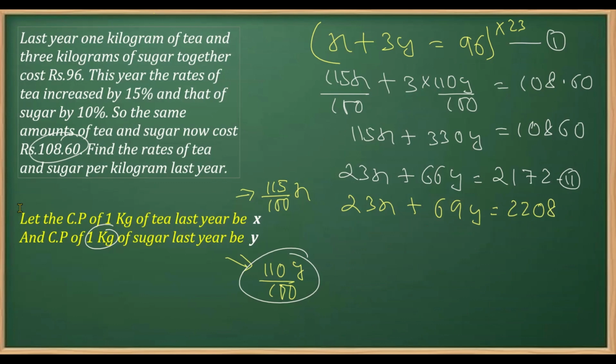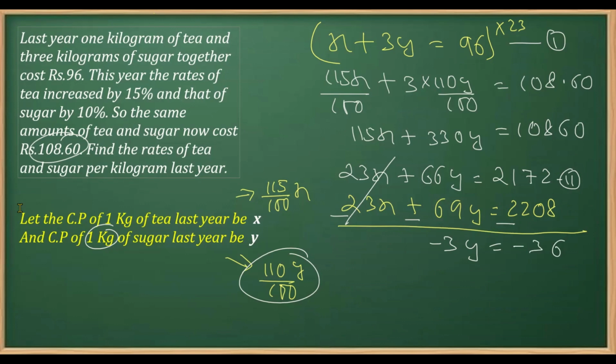On subtracting, it should be minus here, minus here, minus here. This gets cancelled. What I'm getting is minus 3y. And similarly, I have to subtract these numbers, that is 2172, from this. So this is 8 minus 2, which is 6, and this is 10 minus 7, that is 3.